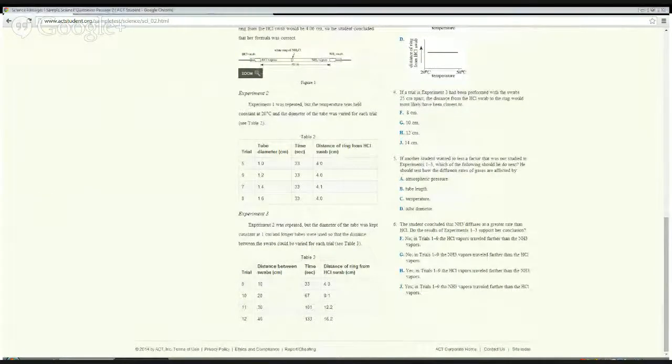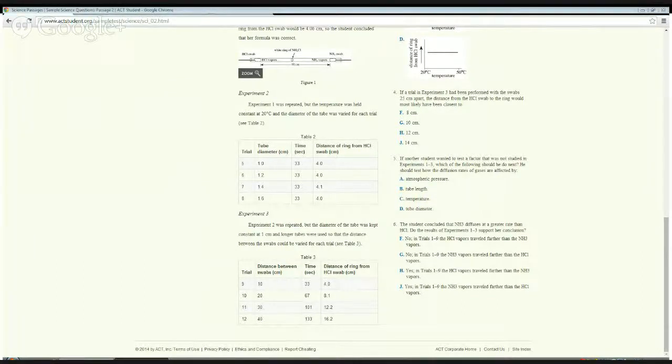That's going to be right in between here. Since 25 is halfway between 20 and 30, we're going to look at something halfway between 8.1 and 12.2. And that is closest to 10 centimeters. So that's G.